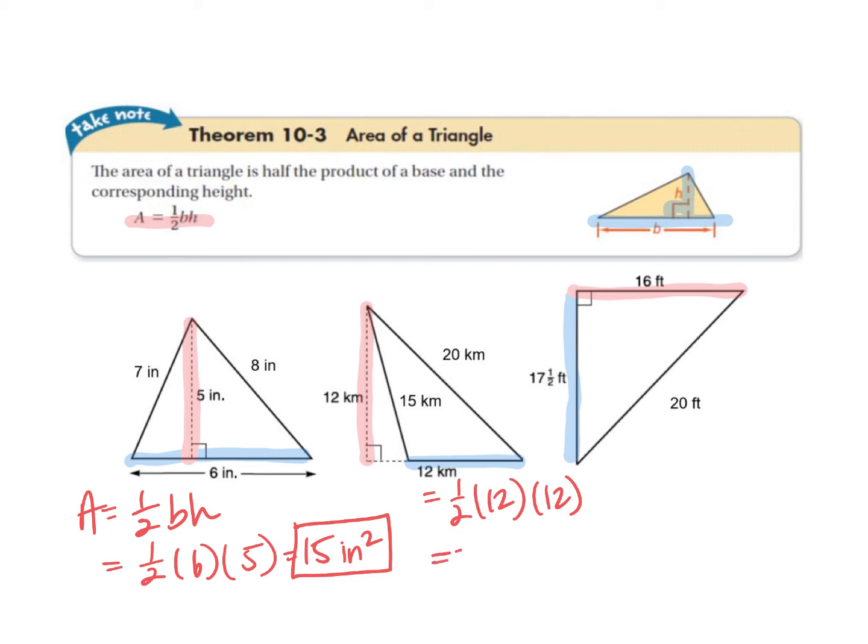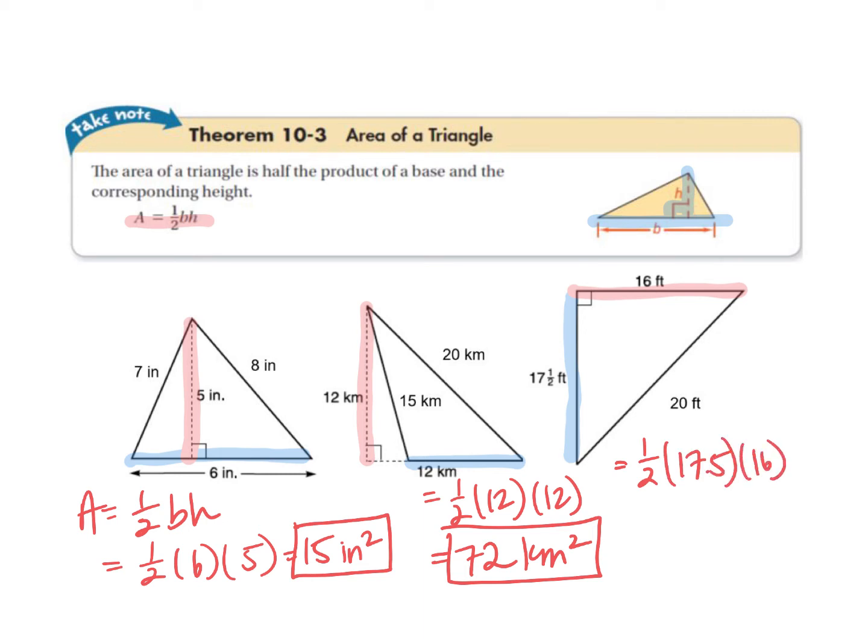Okay, so that would be 72. And again, square kilometers, because kilometers is our unit. And then this last one, 1/2 base, which we've said is 17.5, times the height, which is 16. So that is 140 feet squared, or square feet.